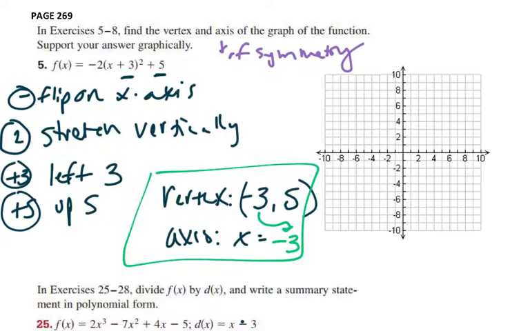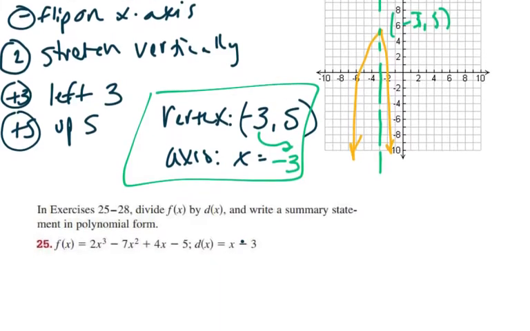Okay, left 3, up 5. Let's see. So we're going here, and it's going down, and it's skinny. So here's our vertex of -3, 5, and here's our axis of symmetry at x equals -3. Woohoo!